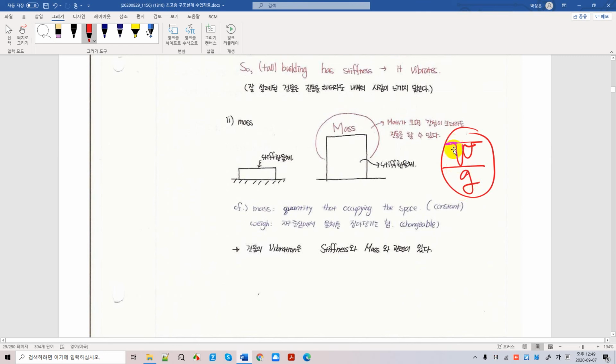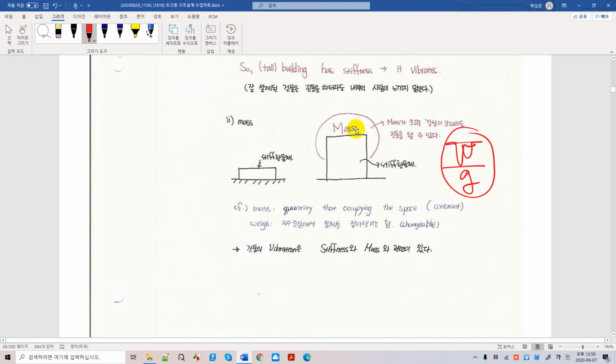But if you divide W by g, then this value does not change anywhere in space, including Earth. So we try to carry the mass. Don't forget, the weight is not mass. The mass is obtained when you divide weight by gravitational acceleration.